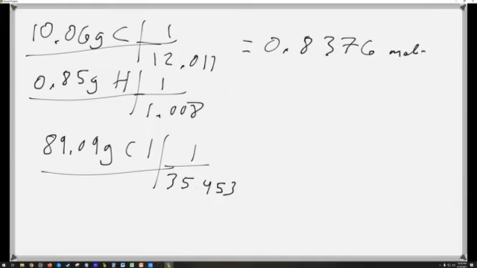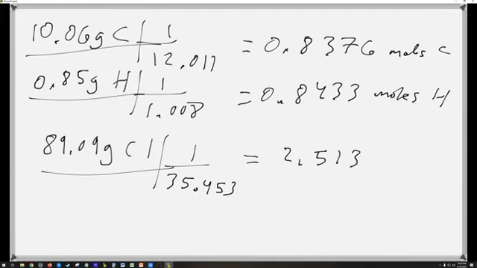That's moles of carbon. 0.85 divided by 1.008 gives me 0.8433 moles of hydrogen. Notice that those numbers are close to each other, so that's a 1-to-1 ratio. 89.09 divided by 35.453. That's going to be 2.513. So there's a lot more chlorine than the other two elements.